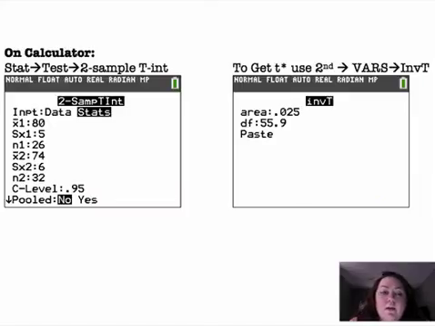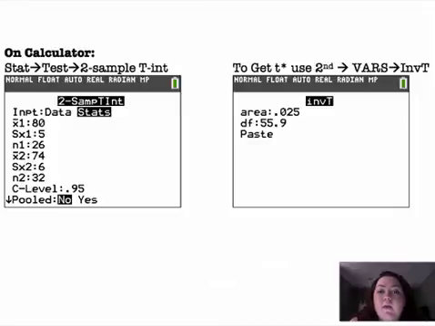Okay, so on the calculator it's going to be stat, then test, then 2-sample t interval. Again, you're going to have the option to either put in data. If they give you data, you put that into list 1 first. Or if you have stats, then you go to the stats command and you fill in all the stats that you have. If you need to calculate t star, your critical value, you're going to go to second vars inverse t.